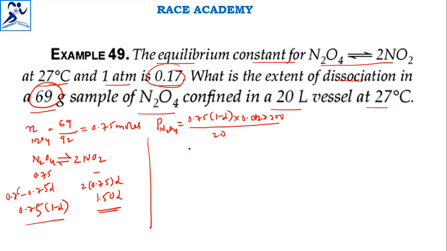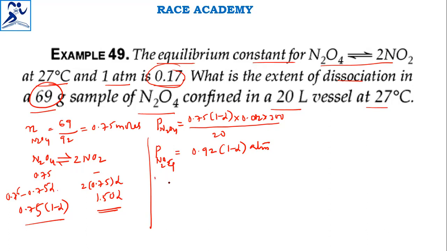If you substitute this, the pressure of N2O4 will be 0.92 into 1 minus alpha atmospheres.